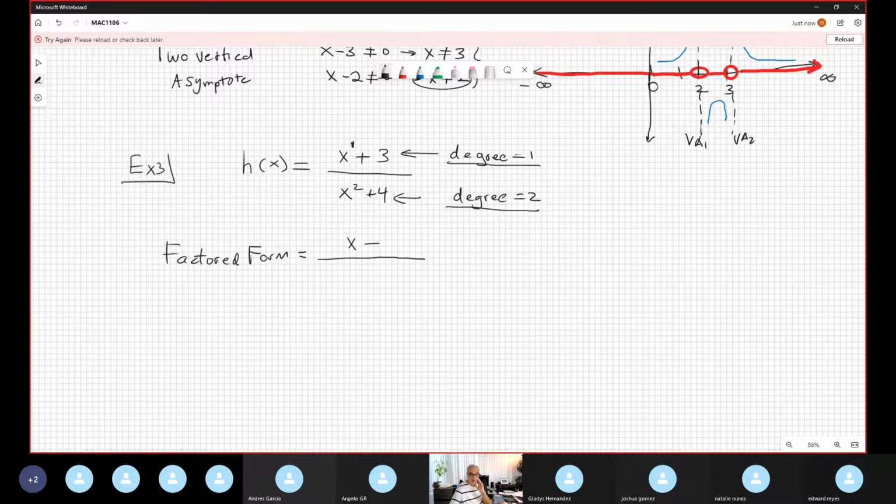The polynomial in the top is just a binomial. We cannot do anything. And the polynomial in the bottom is a sum of squares. Okay, you know very well, this factorization is impossible. This expression is prime.